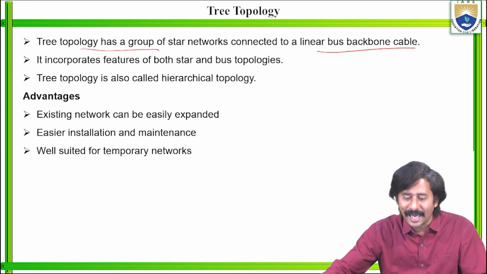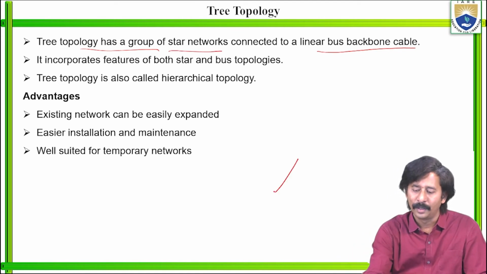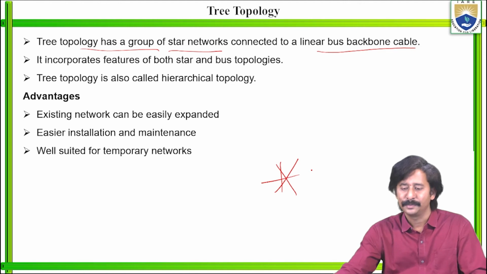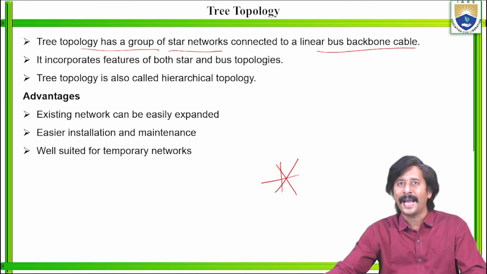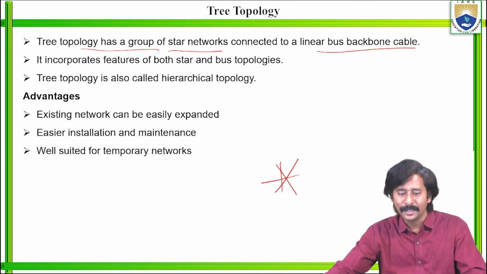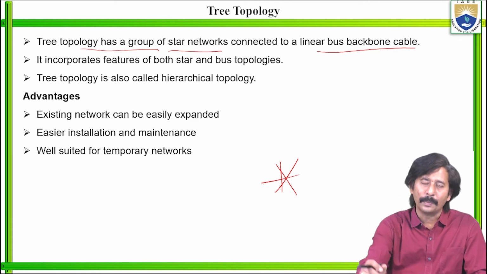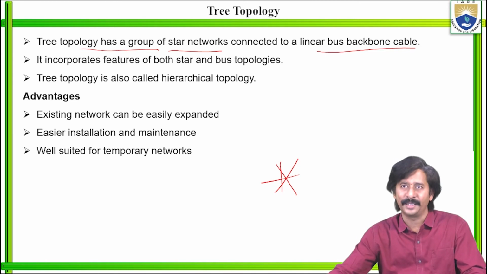Tree topology has a group of star networks connected to a linear bus backbone cable. That is very important: a linear bus which acts as a backbone cable. That means tree topology incorporates the features of both star and bus topologies.